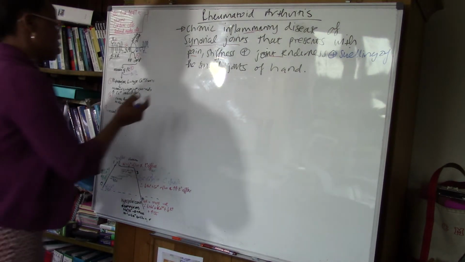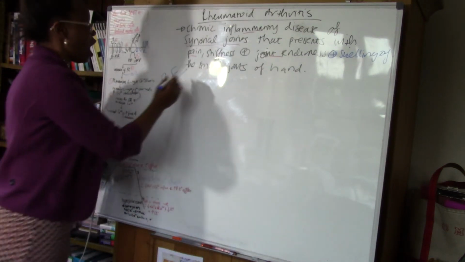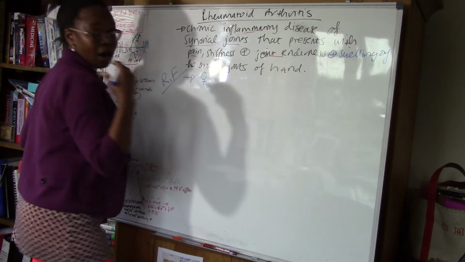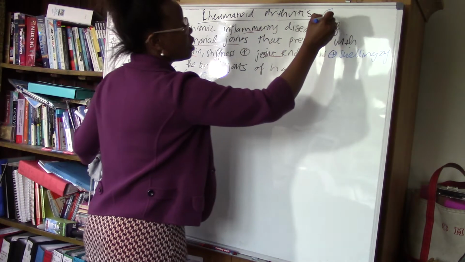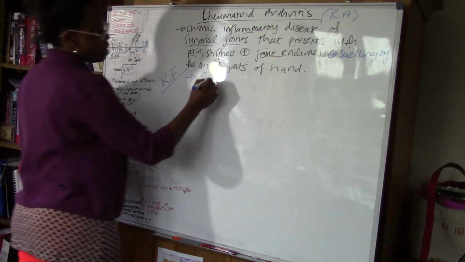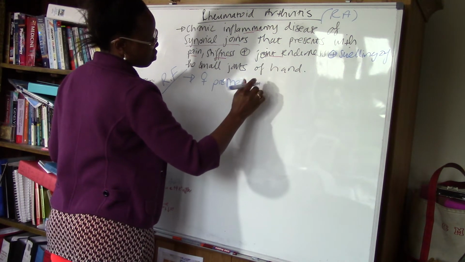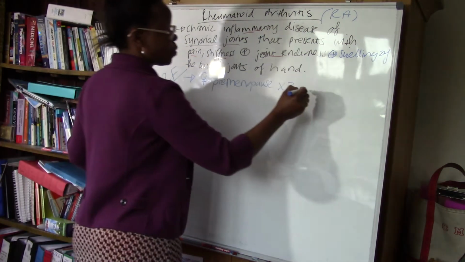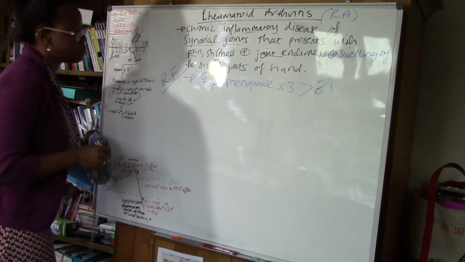The risk factors of rheumatoid arthritis are, females usually are at a higher risk of developing RA. Premenopausal women are 3 times more likely to develop RA when compared to their male counterparts.